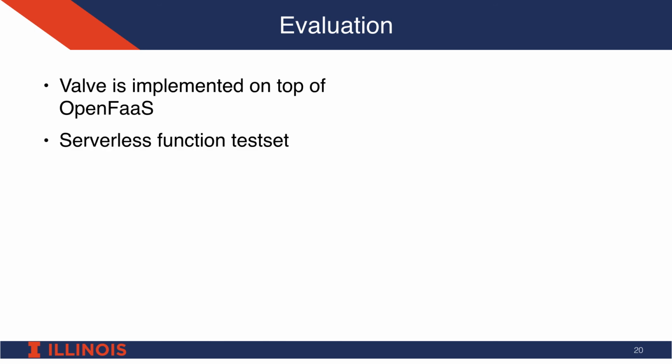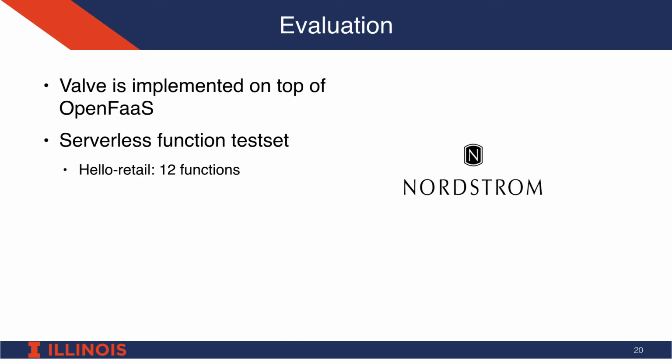To prove the generality of our results, we ran each experiment against several different corpora of serverless applications. The first one is Hello Retail, which is an event driven AWS serverless proof of concept retail application from Nordstrom that leverages AWS services like Lambda, Kinesis, Dynamo, and S3.